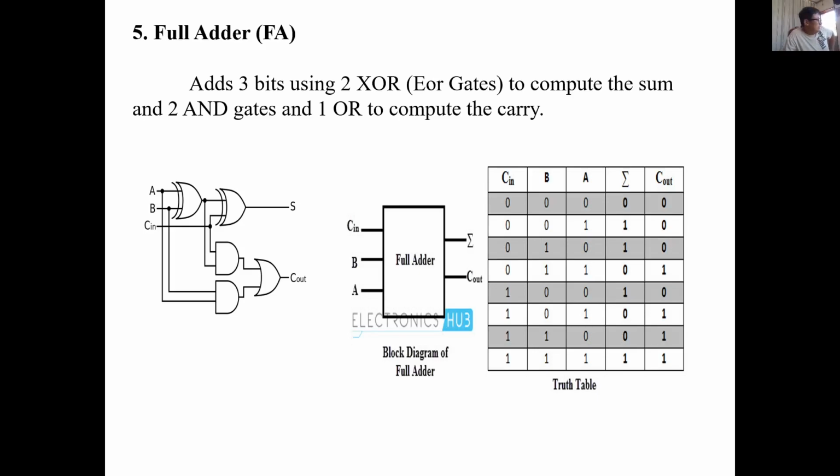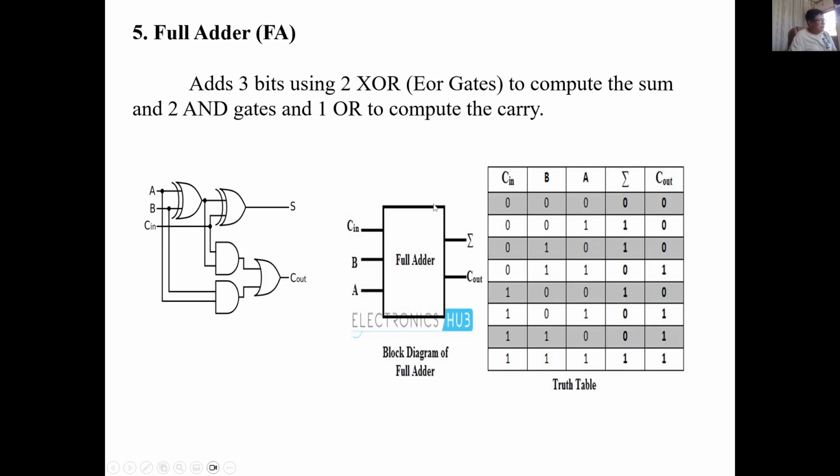The next one is a full adder. A full adder is like a half adder in the sense that it also adds bits, but this time it adds 3 bits. Now the carry is created using an AND of C and the XOR of A and B, ORed with the AND of A and B. Take note of that.